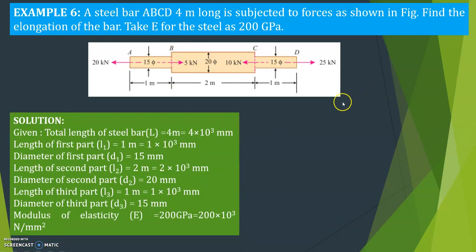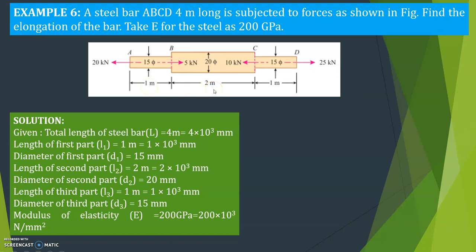So what are the given points here? The total length of the bar is given, that is L is 1 plus 2 plus 1, totally 4 into 10 raised to 3 mm. Meter you can convert into millimeter. First let us consider the first part, L1 equal to 1 into 10 raised to 3 mm.